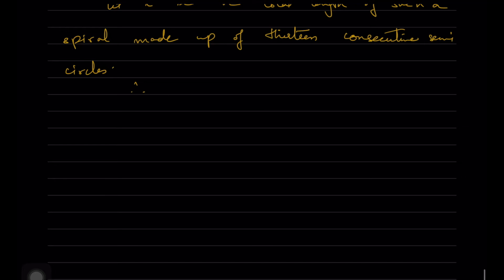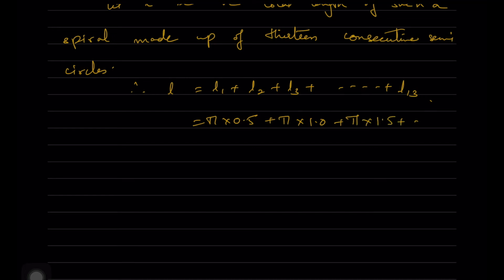So therefore L is equal to L1 plus L2 plus L3 plus so on up till L13, which is equal to pi into 0.5 plus pi into 1.0 plus pi into 1.5 plus so on plus pi into 0.5 plus 13 minus 1 into 0.5.